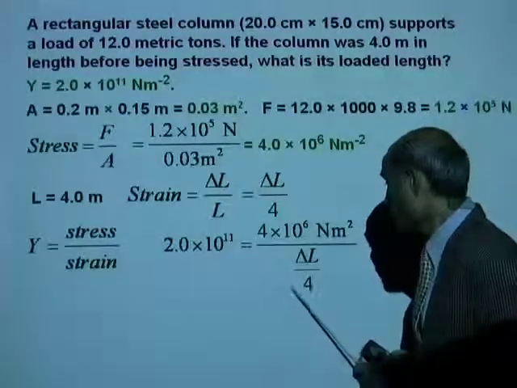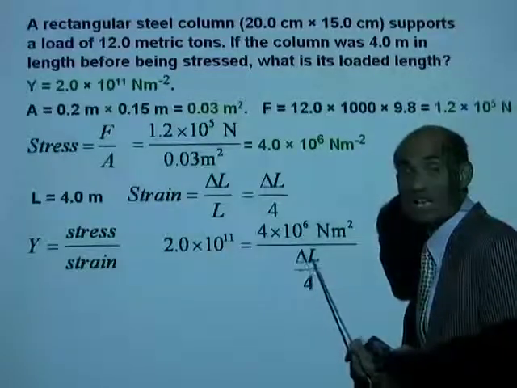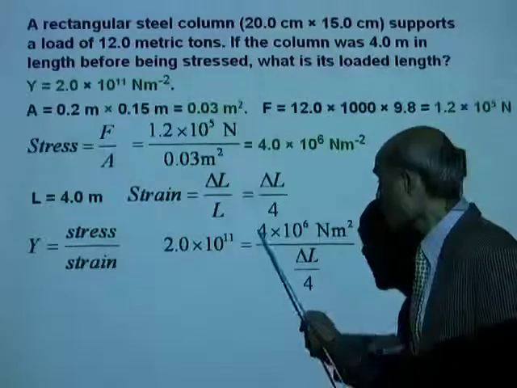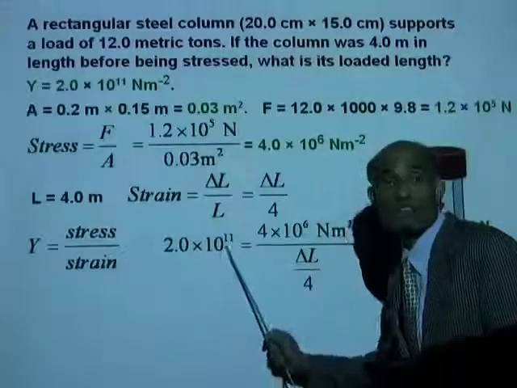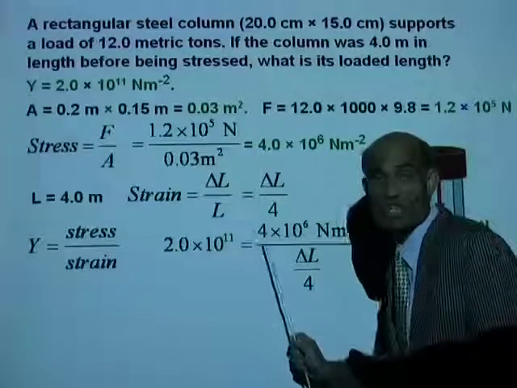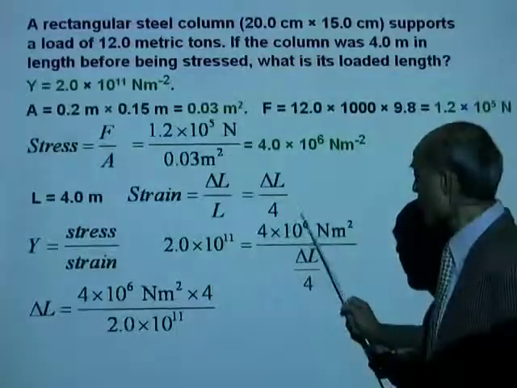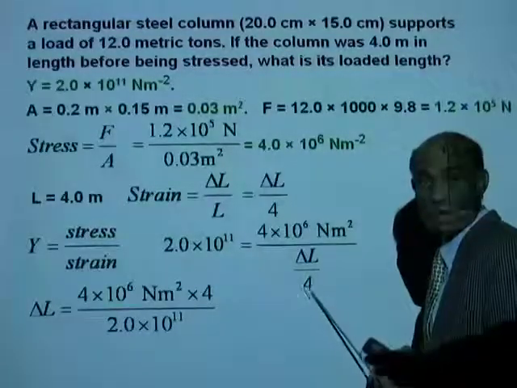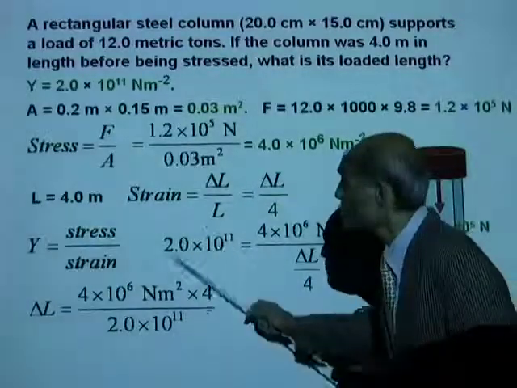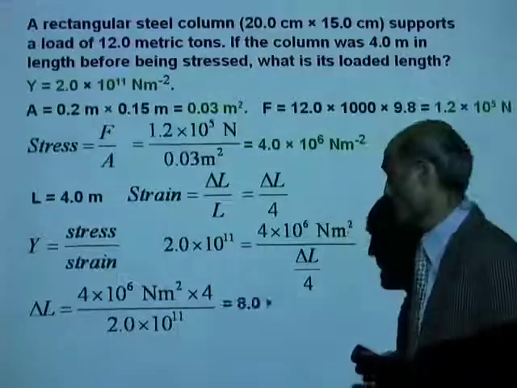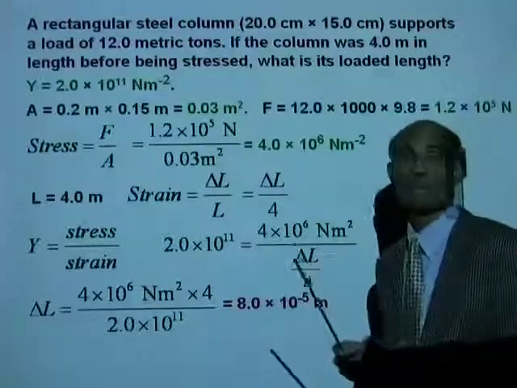First of all, this 4 is going to go to the top. Therefore, this delta L will be 4 times 10 to the 6 divided by this number. I hope you understand how this is done. So, delta L is this quantity multiplied by this 4 in the numerator, and this quantity in the denominator. And that is 8 times 10 to the negative 5 meter.